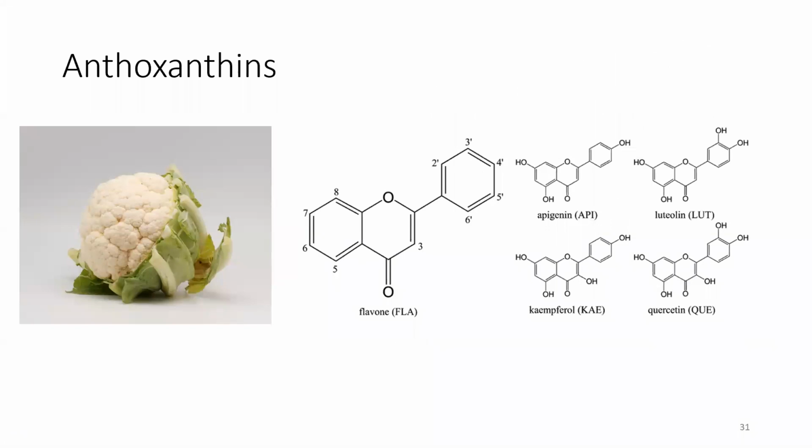Okay, next we're going to talk about anthoxanthins. So anthoxanthins are obviously a very similar kind of compound. You see the structure is not too different from the anthocyanins. These colors are white. Don't typically think about white as a color, but it is a color.